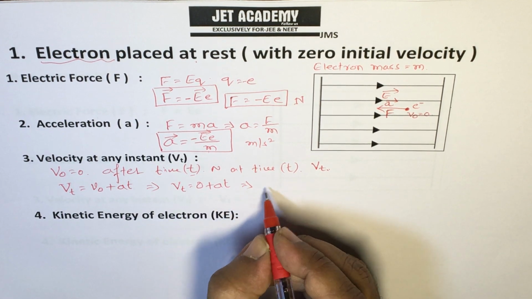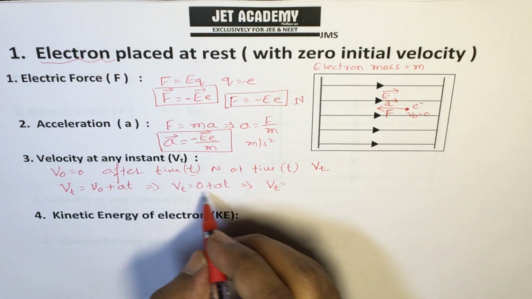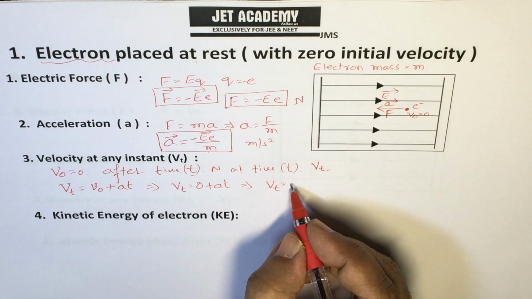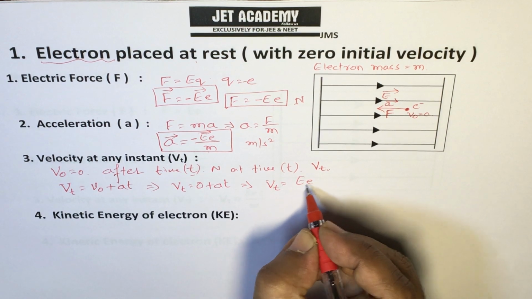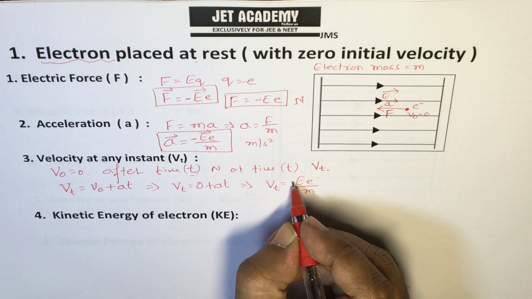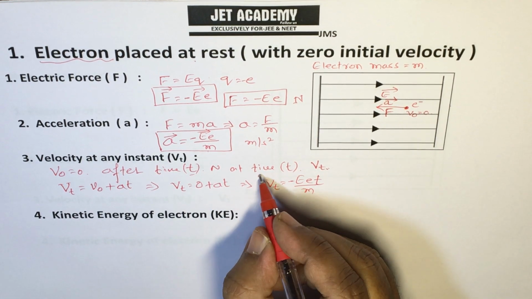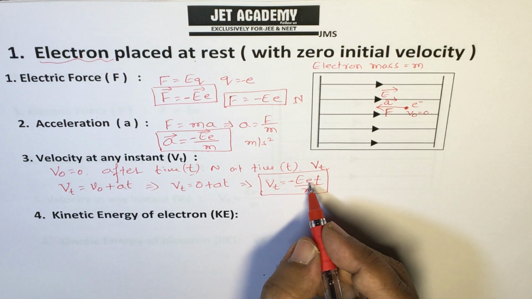This implies Vt, at any given instant of time, the velocity of the accelerating electron, where a is minus eE by m, into t. t is any given instant of time. Here also E always remains constant.